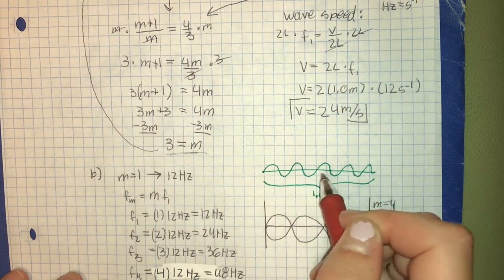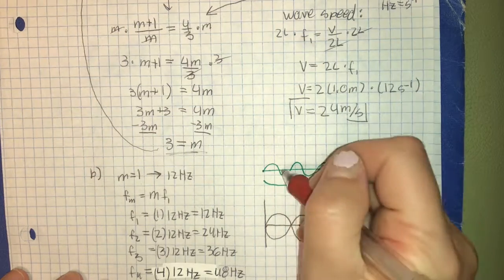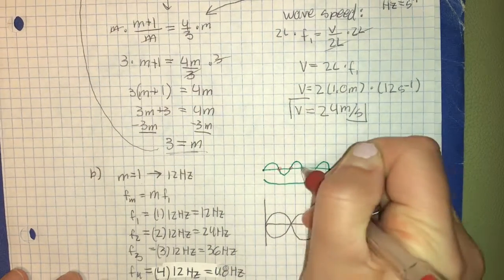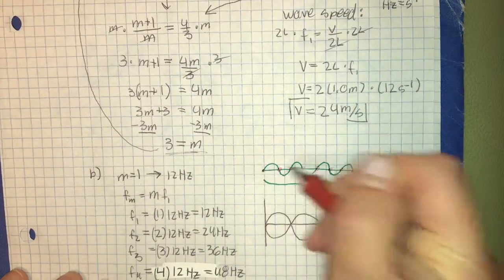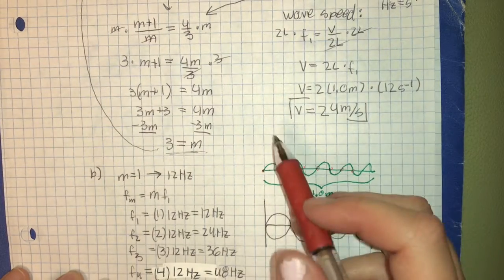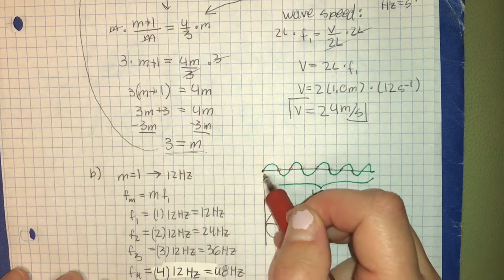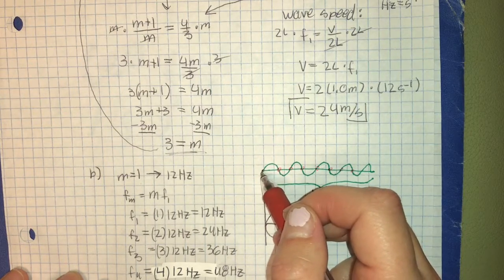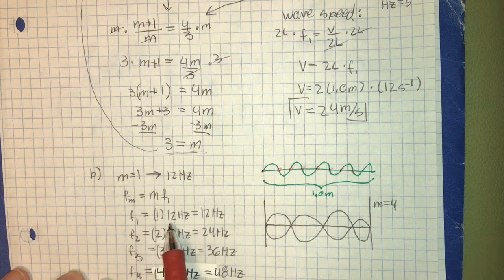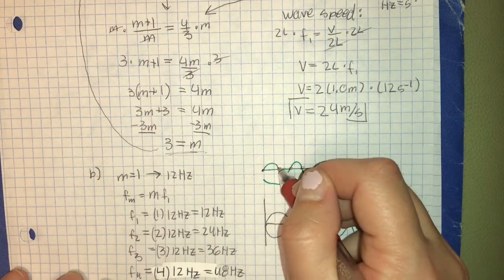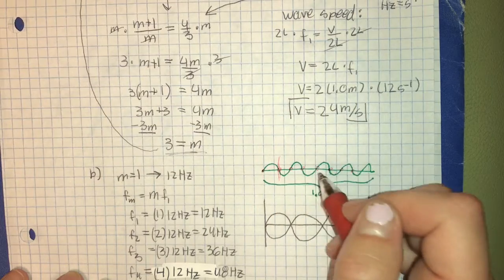And if you remember from lecture, we have nodes in the middle. So frequency 0, nothing there, and then at our F1 equals 12 hertz, that's what mode 1 looks like.